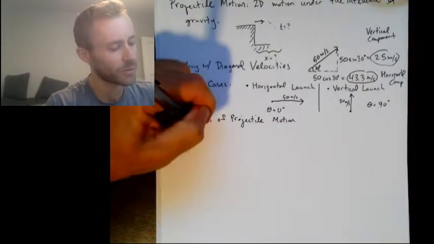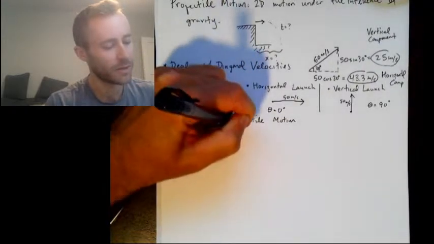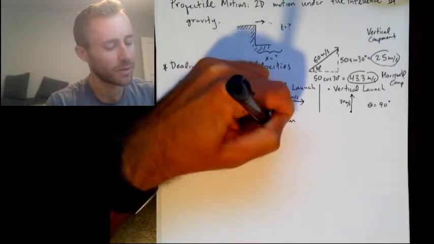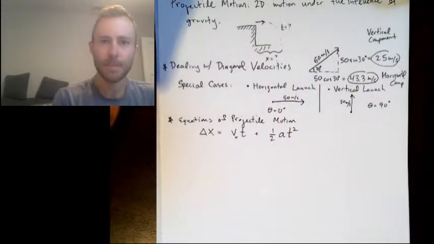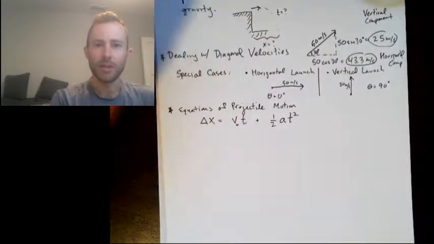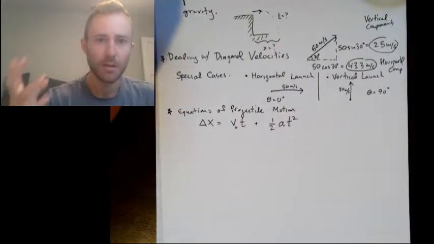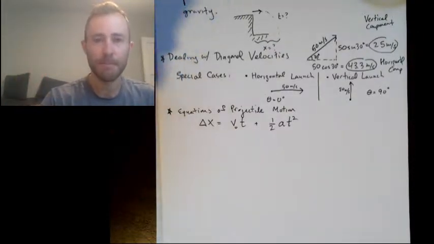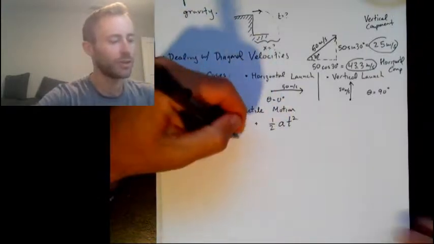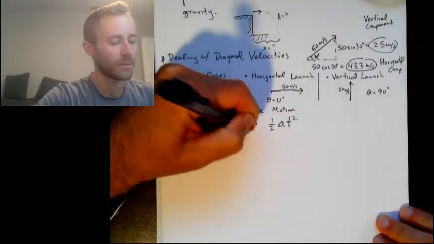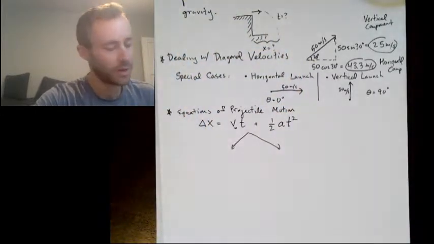So remember, the first kinematics equation was delta x equals v naught t plus 1/2 a t squared. All right, because projectile motion is two-dimensional, you are going to have two equations. You're going to have an equation for delta y, and you're going to have an equation for delta x.